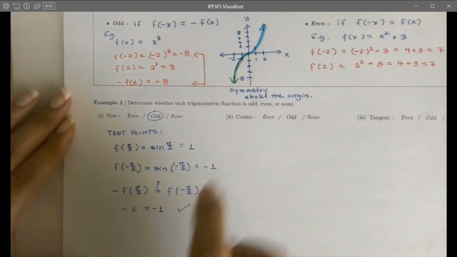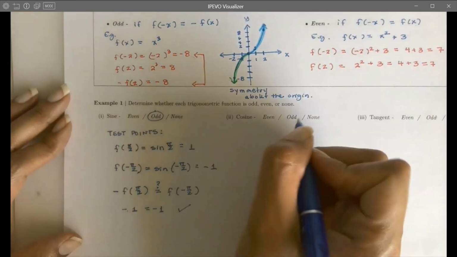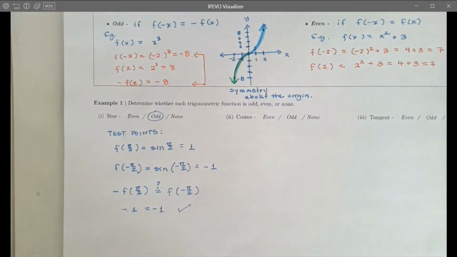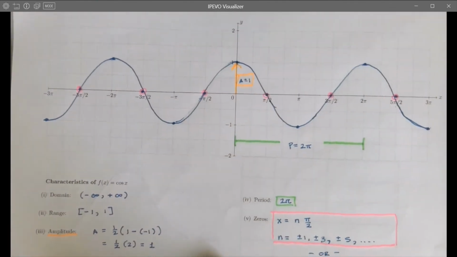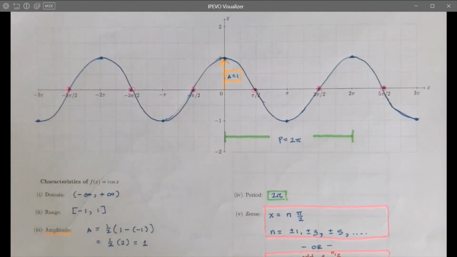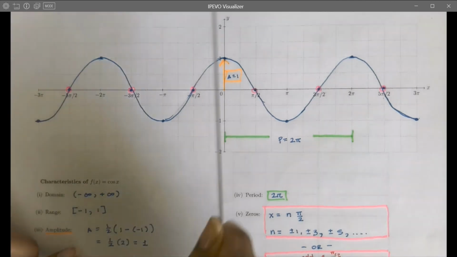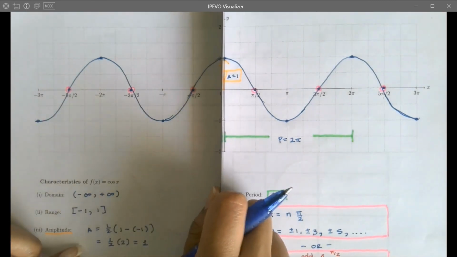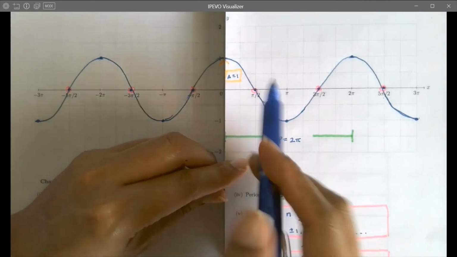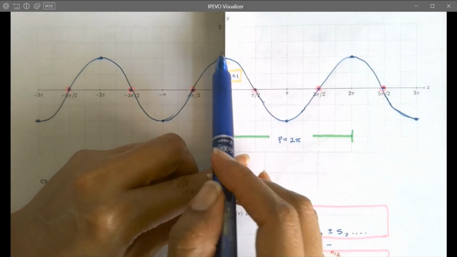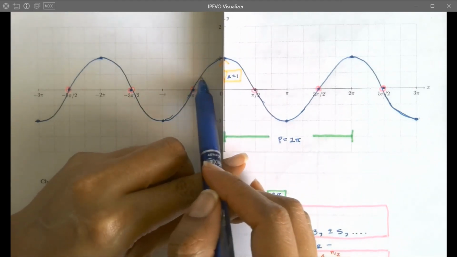Okay, what about for cosine? Well, for cosine, if we look at the graph, we said the easiest symmetry to check for is symmetry about the y-axis. If we use the y-axis as a mirror, is it true that the right-hand side of the graph reflects across into the left-hand side?